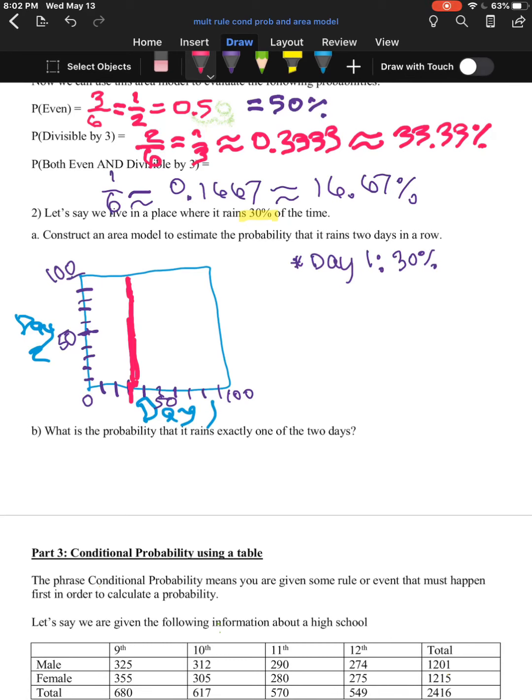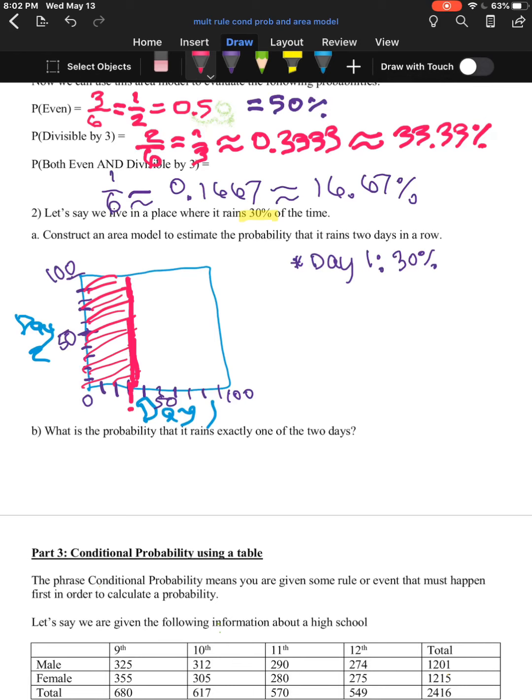So 30% we're going to shade of the box, kind of pretending almost the vertical axis doesn't exist. And you've got this percentage, which is 30% of that portion, since we shaded 10, 20, 30%.